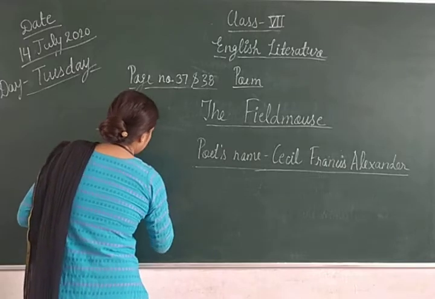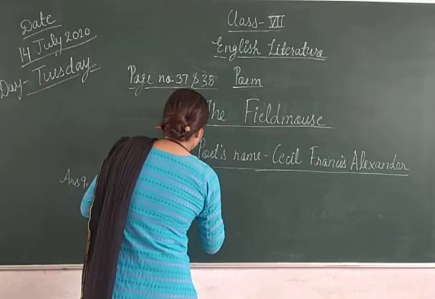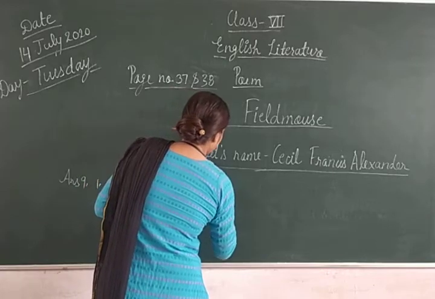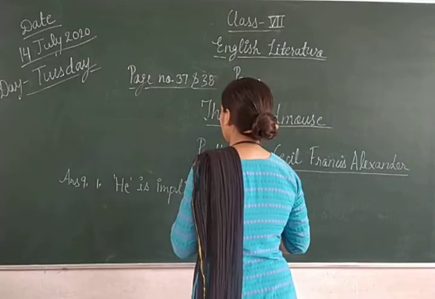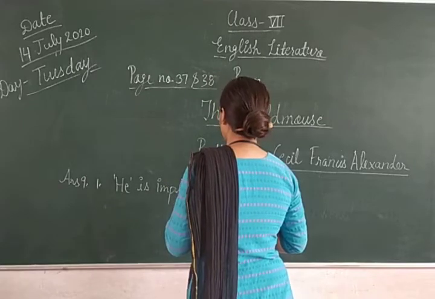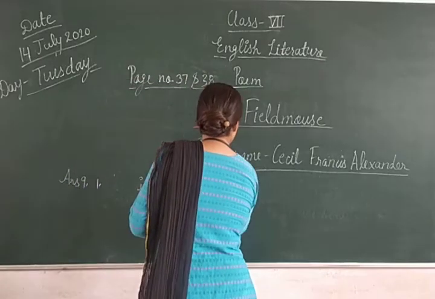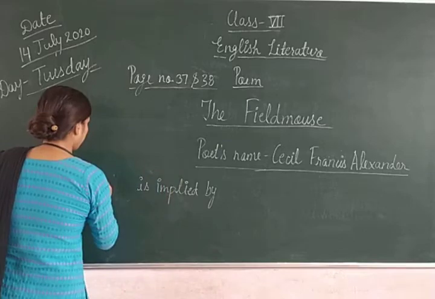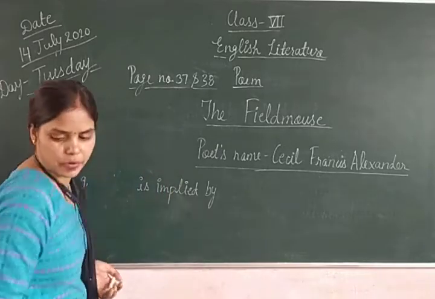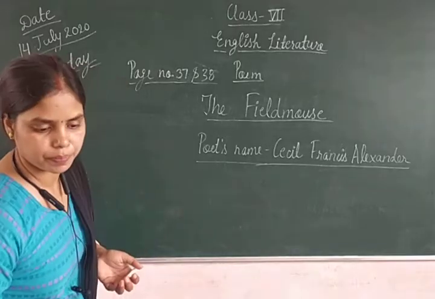What you are going to write is: the farmer is implied by he.